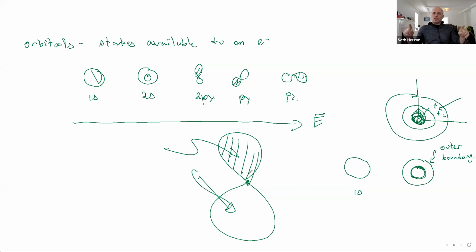So the shapes are a graphical representation of the wave function. And what they mean specifically is that there's a 90% chance the electron will occupy the space defined by these shapes.